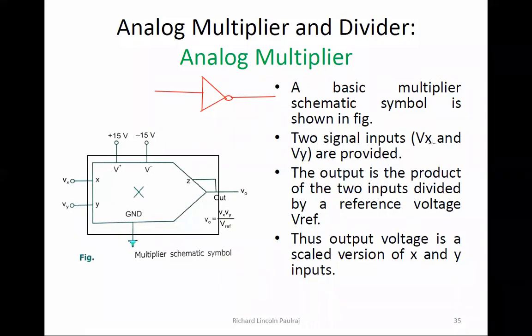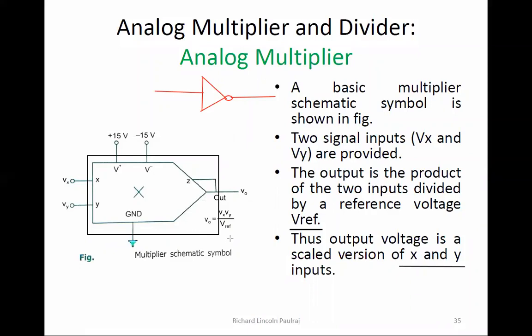Two input signals, Vx and Vy, are provided. The output is the product of the two inputs divided by the reference voltage Vref. Thus, the output voltage is a scaled version of the X and Y inputs. Usually we keep this Vref as 10.